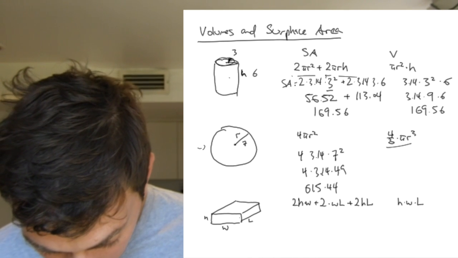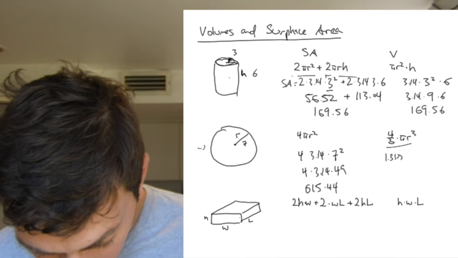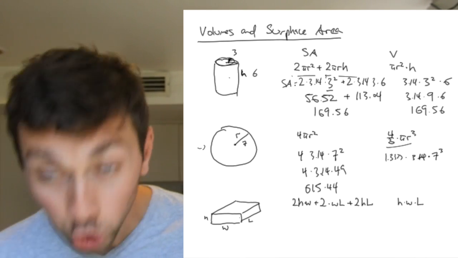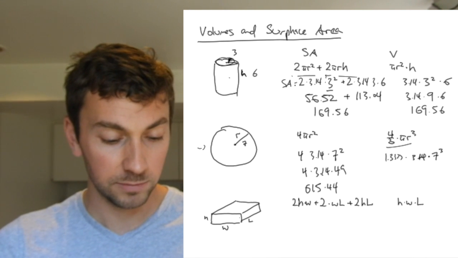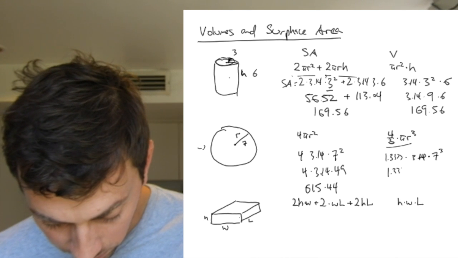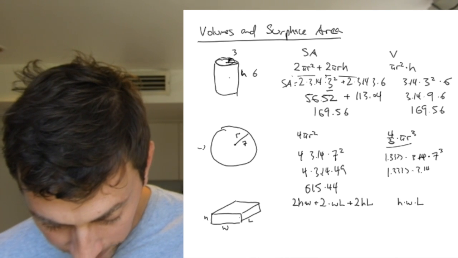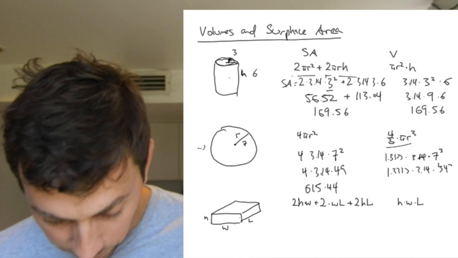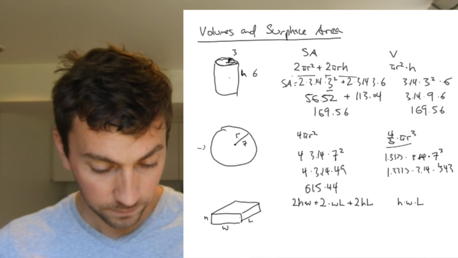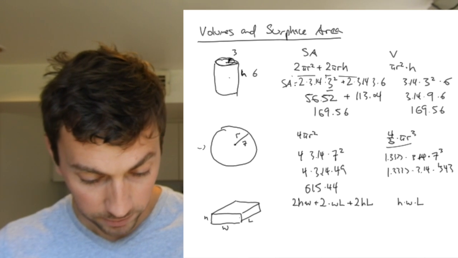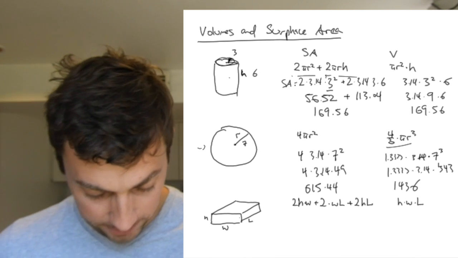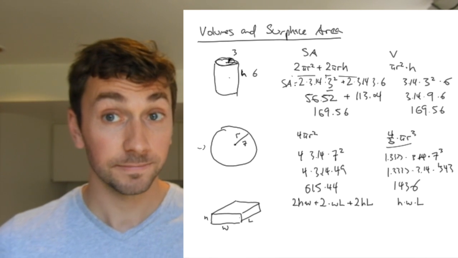So 1.3333 times 3.14 times 7 cubed. 7 times 7 times 7 is 7 cubed, that's 343. So 1.33333 times 3.14 times 343 equals 1436. And that's the volume of the sphere.